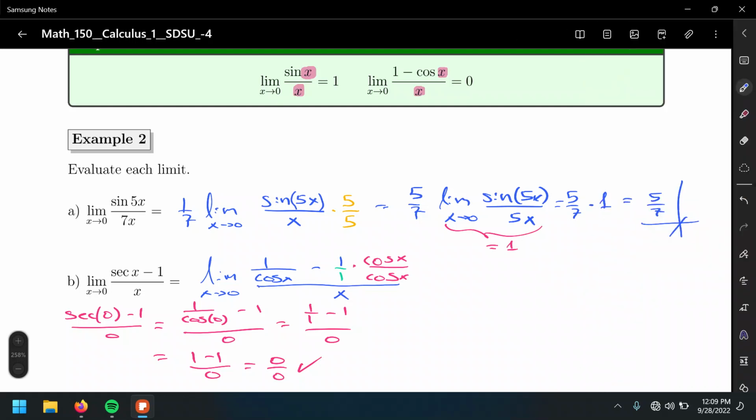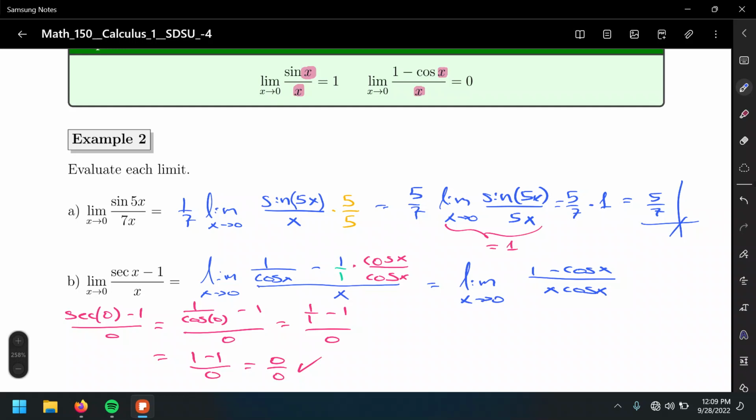So this will lead us to limit of 1 minus cosine x over x cosine x as x approaches 0.